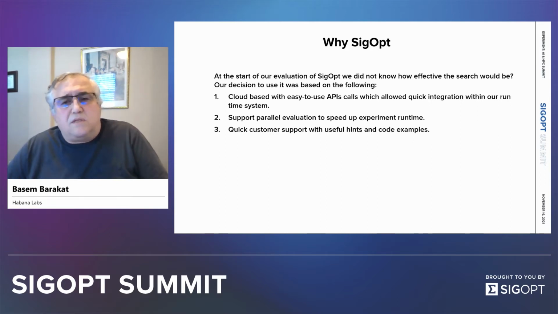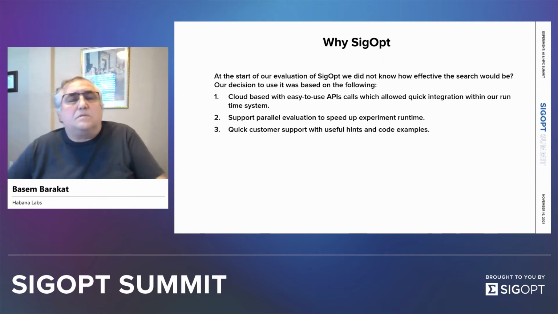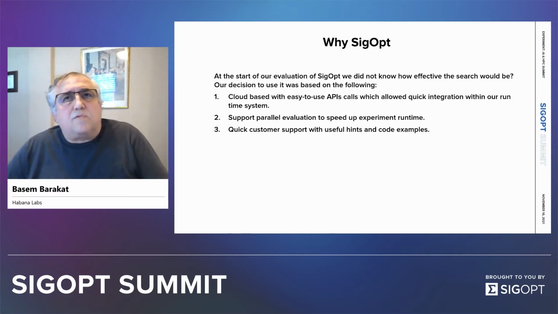So it was easy just to integrate a few Python lines with our launchers and run. And also, we found out that SigOpt supports parallel evaluation. So that's very important for us to speed up our run. If we have enough resources, we could run several runs in parallel and get parallel results, and we could speed up the optimization accordingly.